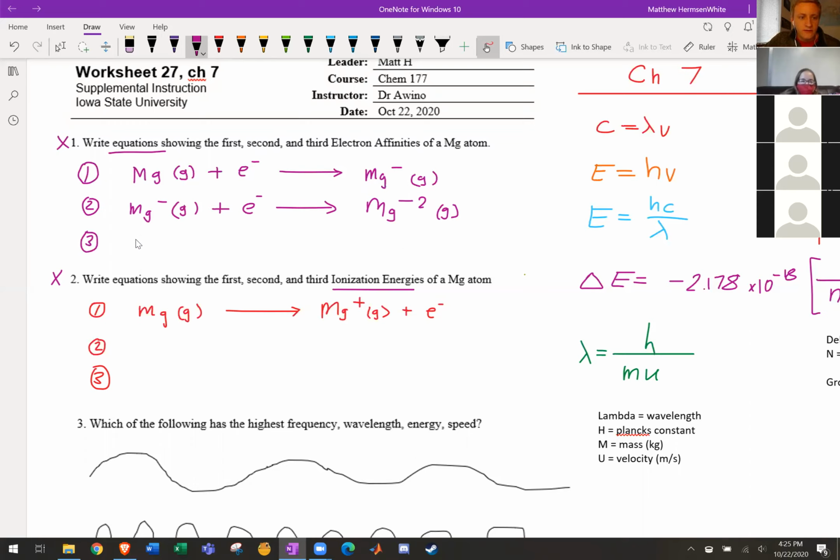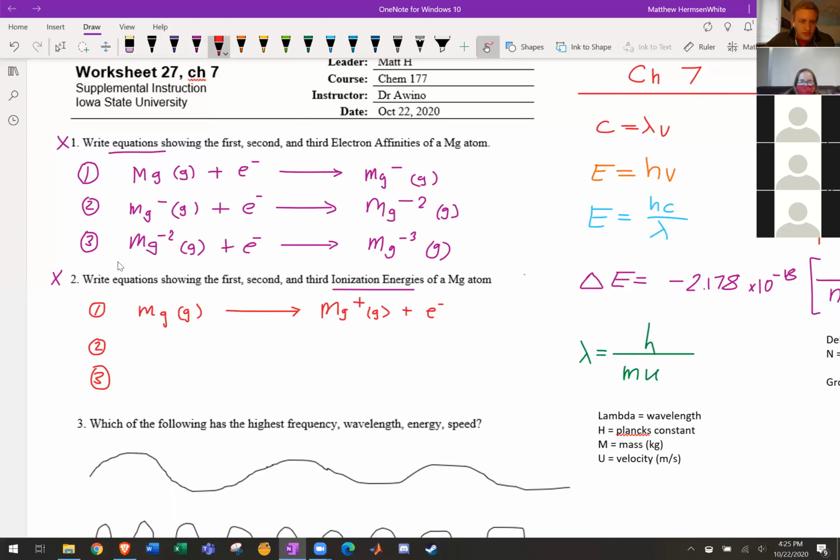And then for the third one, once again, we're starting with a 2- charge here, starting where we left off at the last one, and we're adding another electron. And then this is going to go to Mg 3- gas. So pretty simple.